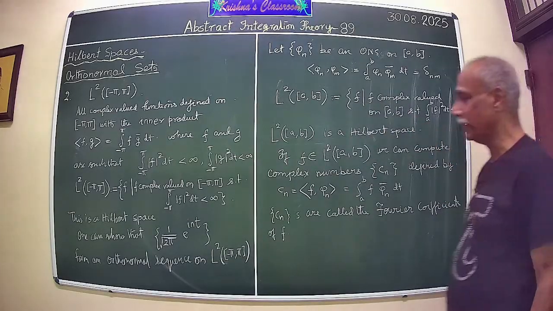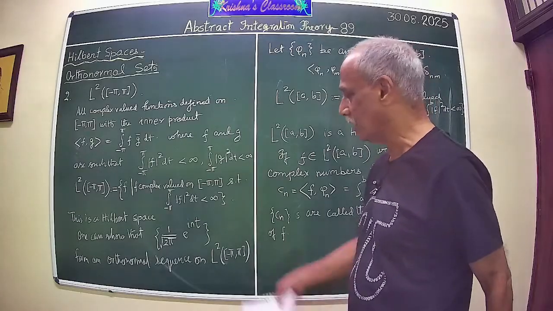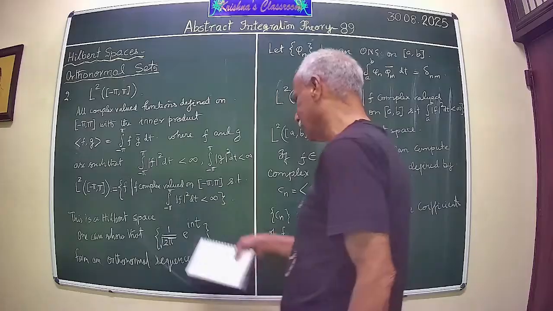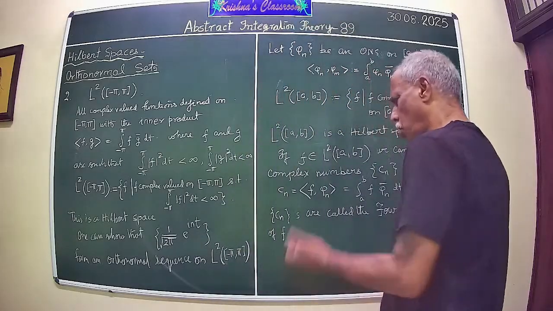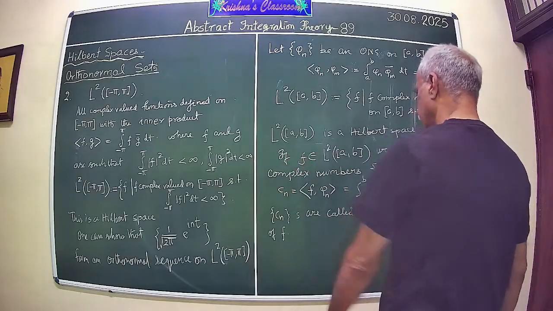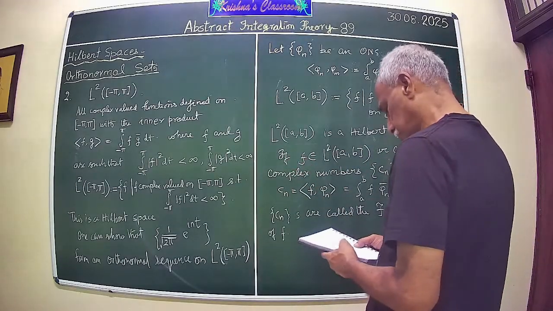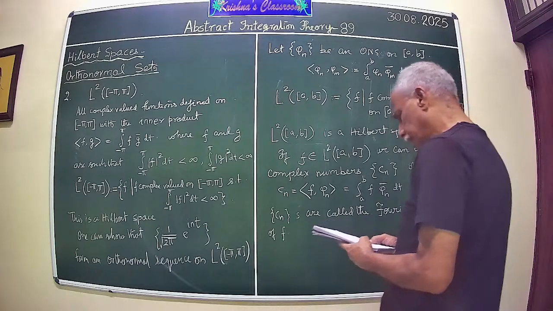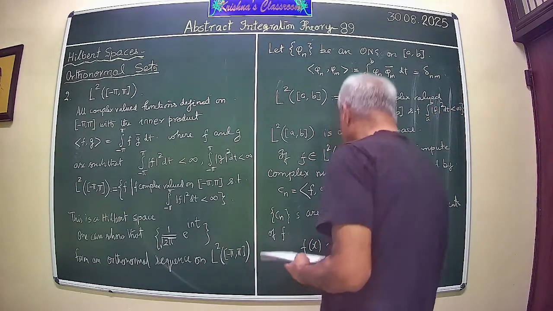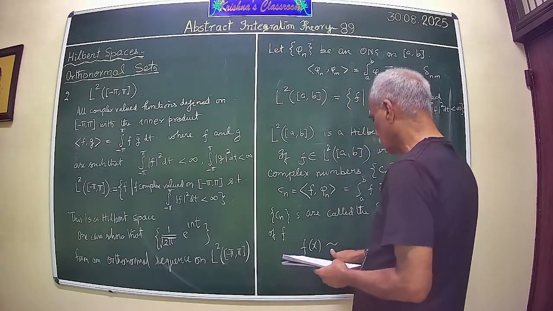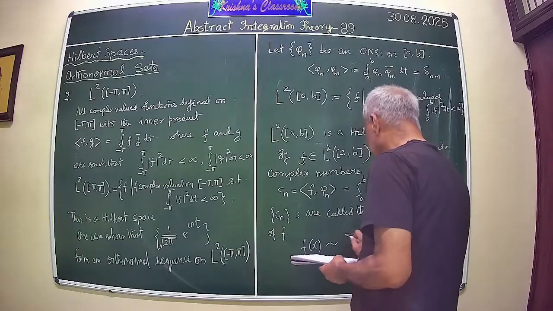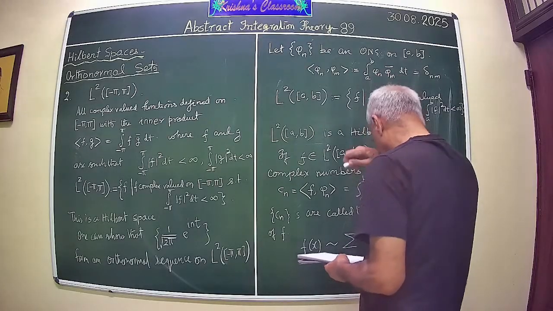So e to the power int is a very nice function. It's smooth, it is differentiable, and it is a C infinity function, and so on. So all sorts of nice properties are there, where an f may not have this. And what you have is this. See, f can be approximated. There are two things. One, the given f, and then there is an infinite series that comes from here.